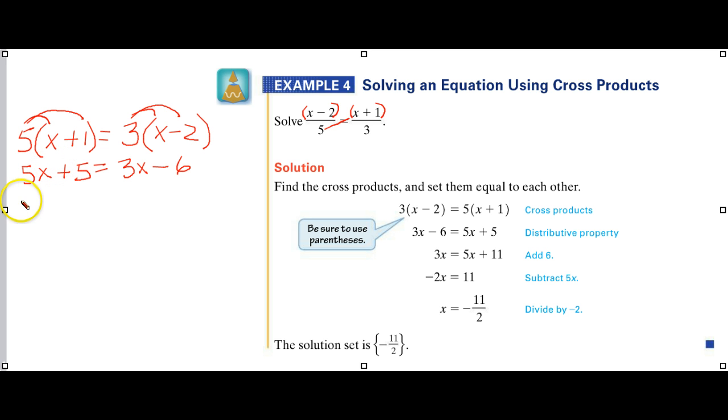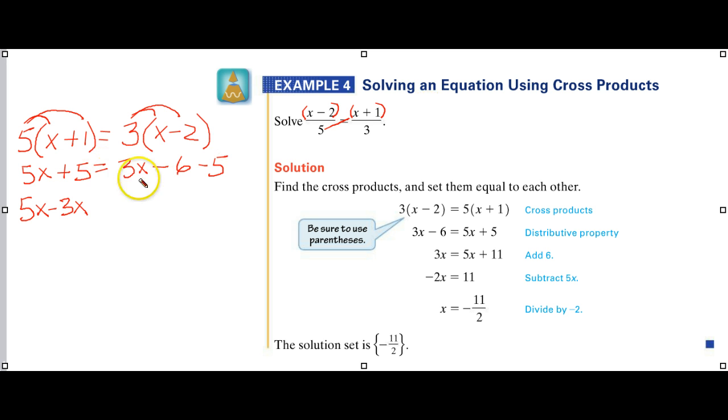When we do, it just changes its sign. So we get 5x, bring this over, is a negative 3x now. And then we want to take the 5 from this side, bring it over to this side, and on this side it changes its sign and becomes a negative 5.